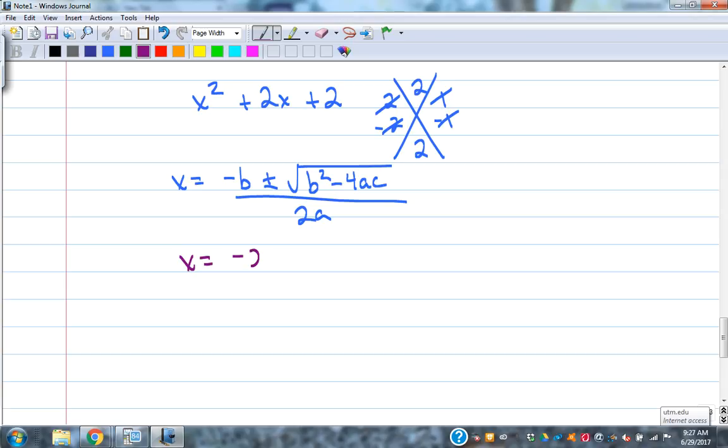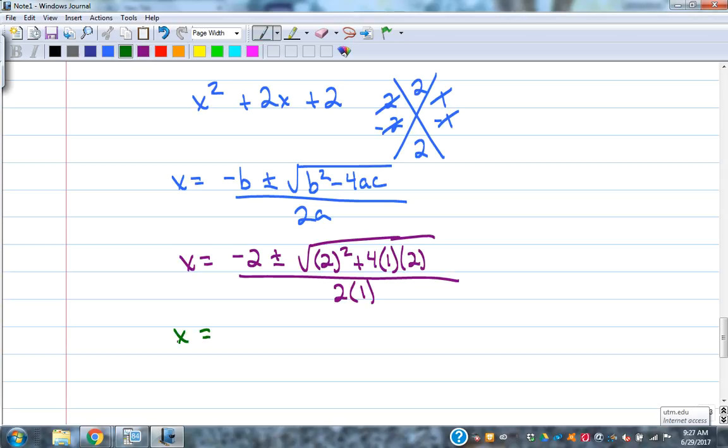So I'd have negative 2 plus or minus, and I'd have 2 squared plus 4 times 1 times 2. All of that divided by 2 times 1. And I just need to work that out. Negative 2 plus or minus. Well, 2 squared is 4.